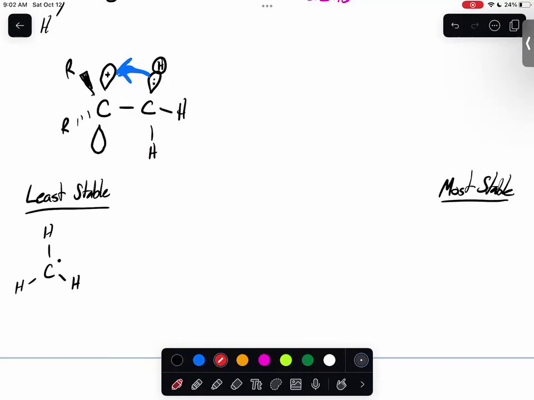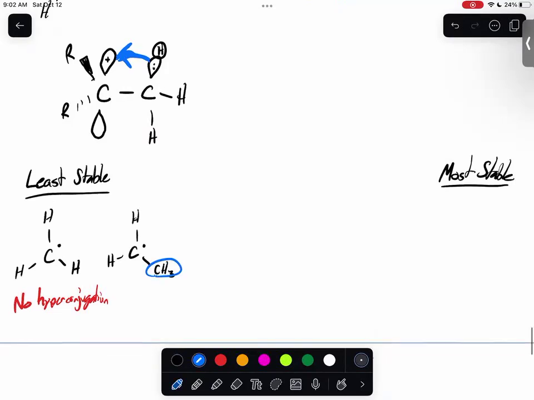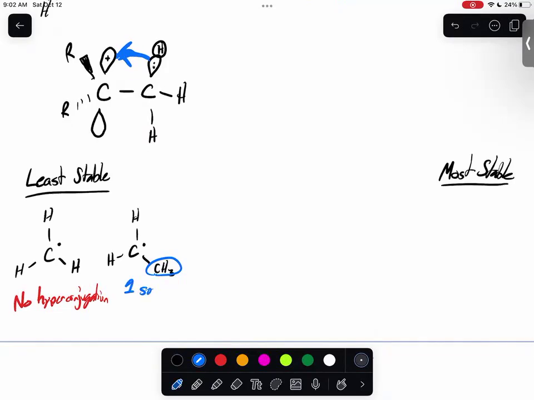It has no hyperconjugation. But something that's a little better would be if the carbon had a CH3 attached, right? Because now it has one source of stability, right? Because hyperconjugation from that CH3 is going to end up stabilizing that radical.